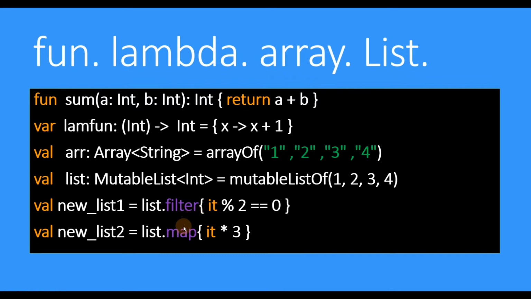And then another case here is the function map, which changes the content of that list by actually tripling the items by 3. So it's multiplying each item by 3.